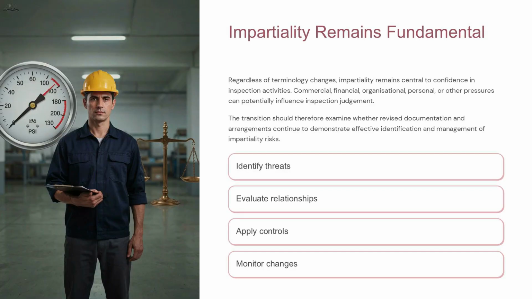Regardless of terminology changes, impartiality remains central to confidence and inspection activities. Commercial, financial, organizational, personal, or other pressures can potentially influence inspection judgment. The transition should therefore examine whether revised documentation and arrangements continue to demonstrate effective identification and management of impartiality risks.